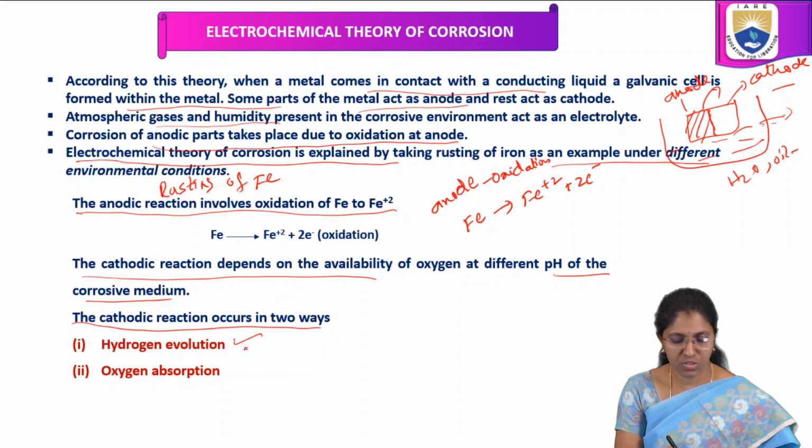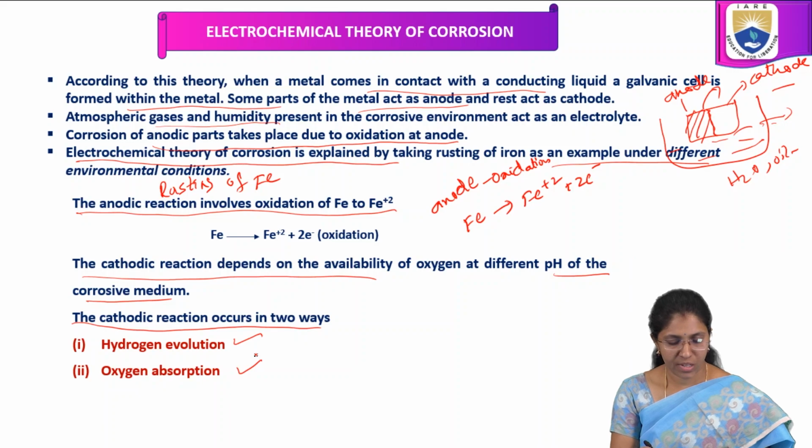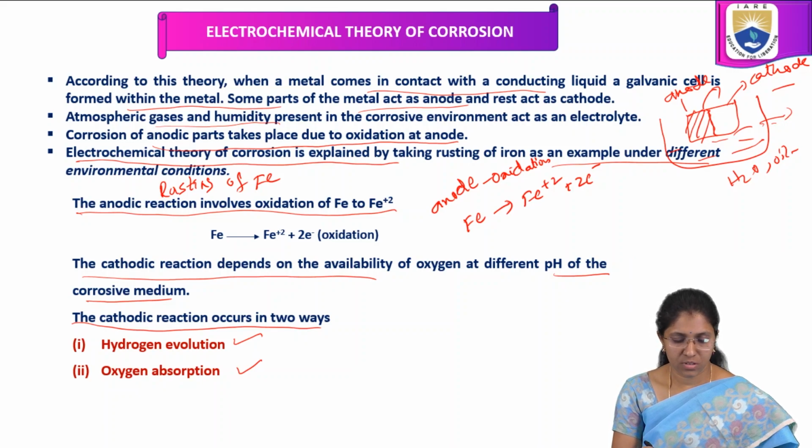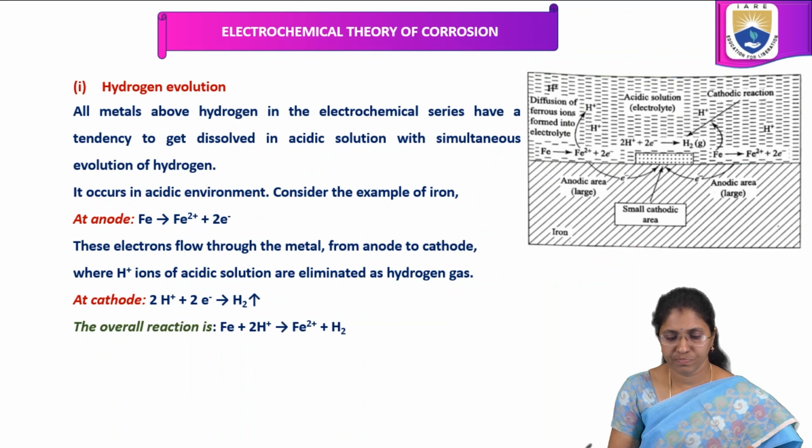The first one is hydrogen evolution, and the second one is oxygen absorption. So at the anode, the metal undergoes oxidation and forms metal ions, but cathodic reactions occur in two ways: hydrogen evolution and oxygen absorption.